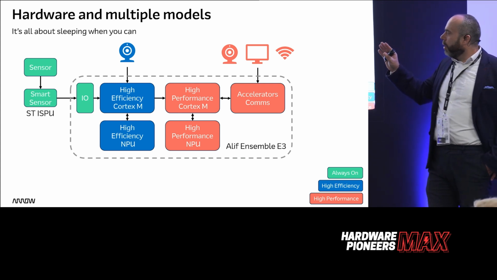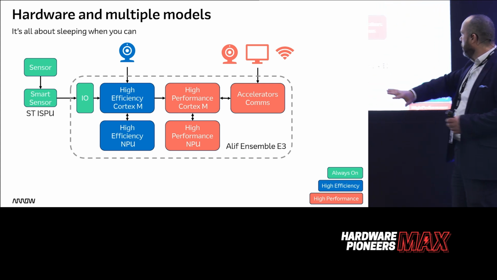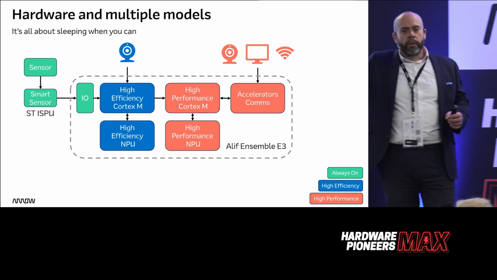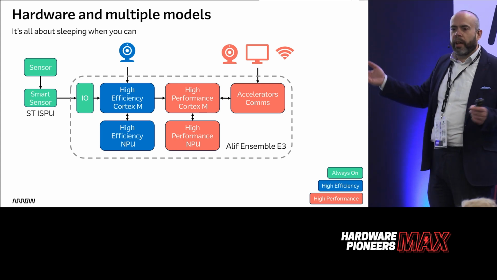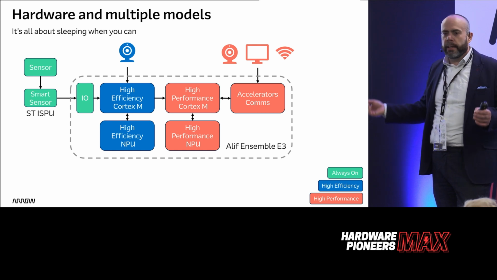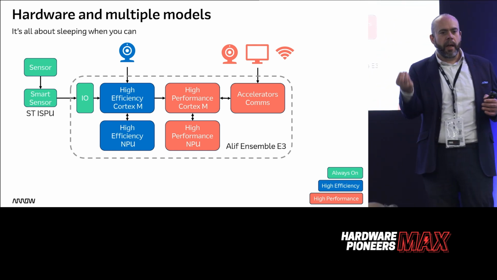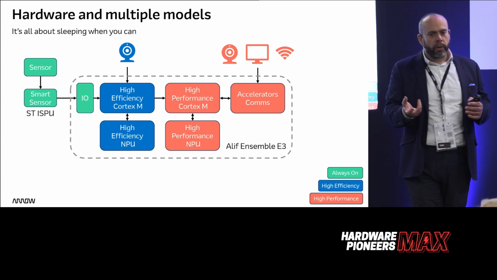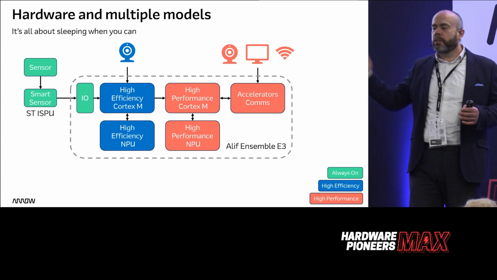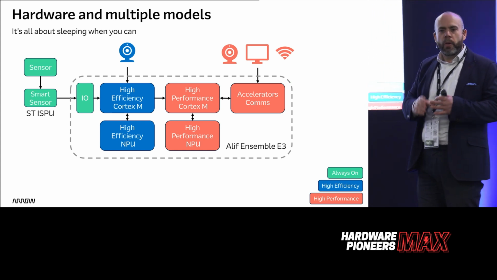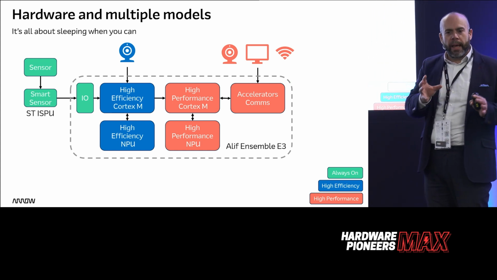So what this allows is that nearly everything you see on the screen is turned off. The dumb sensor is turned on, so maybe something like a vibration sensor or a time of flight sensor. The smart sensor, which is the one that has the ML core inside it, is turned on, and that might be like an IMU. So this is maybe something that detects motion, detects breaking glass, some relatively simple AI model.